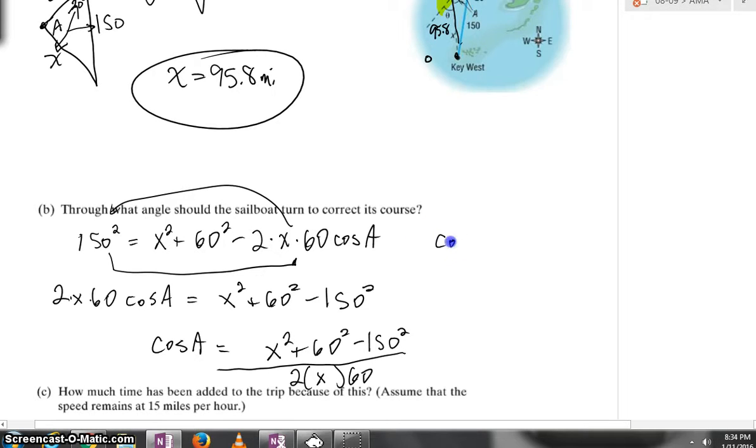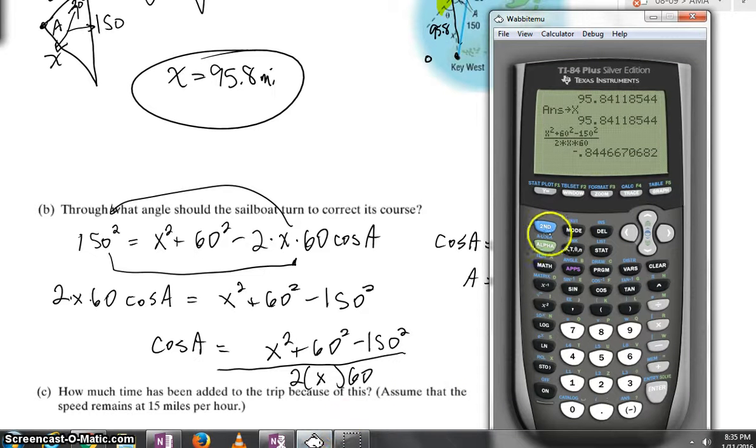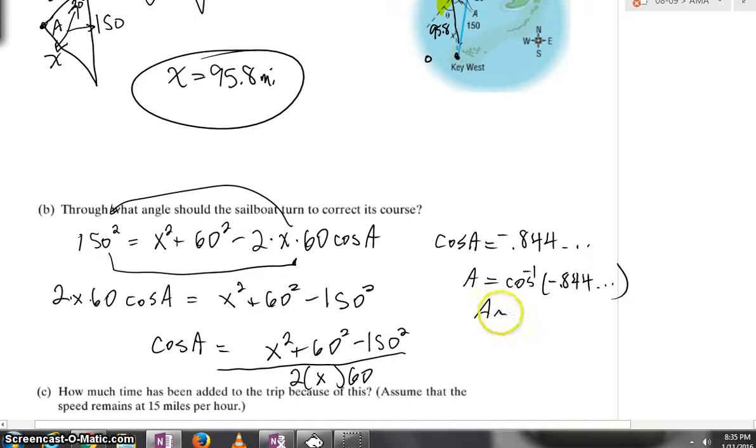If you wanted to write that down, you certainly could. You don't even need to, in all honesty, because right now you just have to take the inverse cosine of that value. You could do that directly on your calculator. You could just say inverse cosine, second answer, and you can see you get about 147.6. So angle A is about 147.6 degrees.